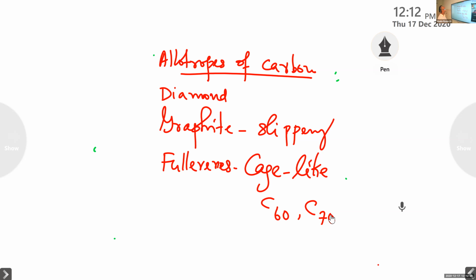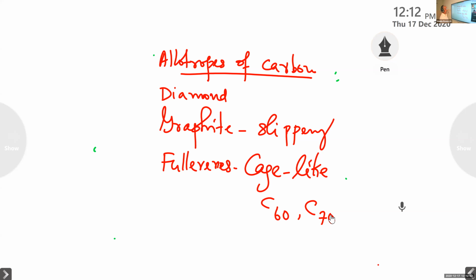It is hollow. Only on the surface of the cage there are carbon atoms. Carbon atoms have sp2 hybridization. The carbon atoms are seen on the surface of the cage. For example, you take a C60 fullerene.